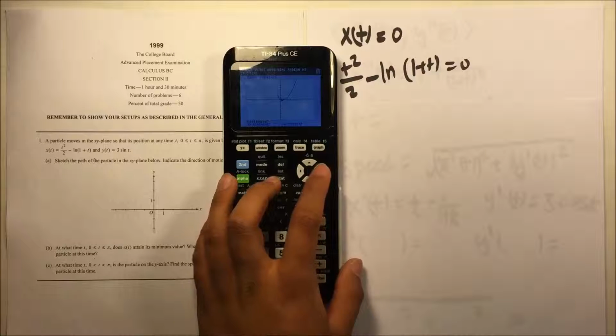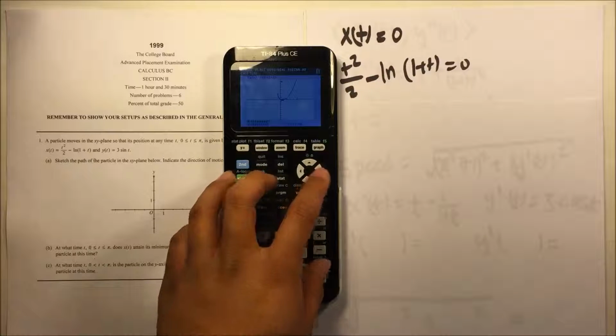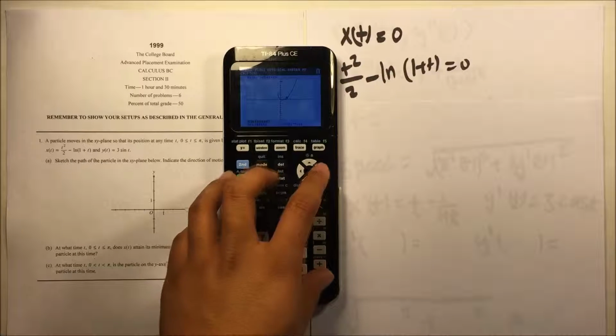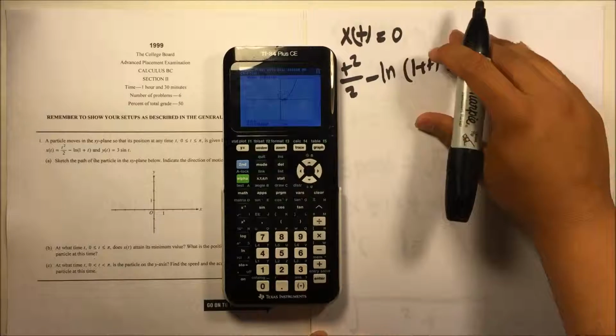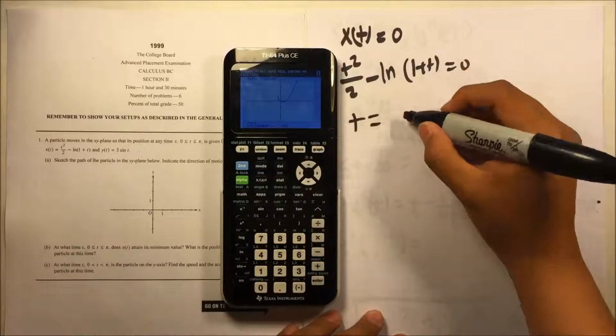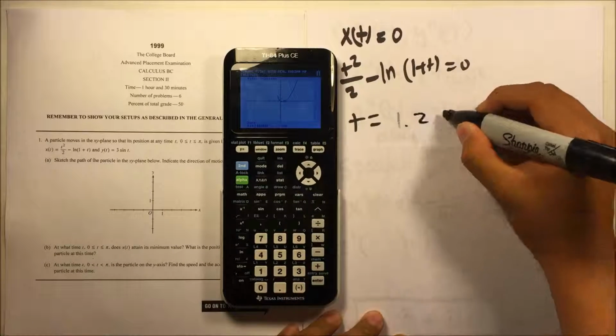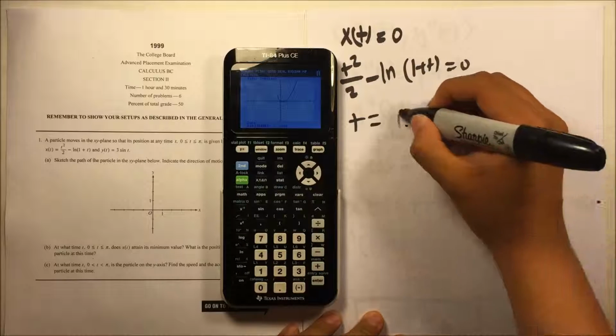We set a left bound, then a right bound, and hit enter. And then we get that x, or in this case t, is equal to 1.285.